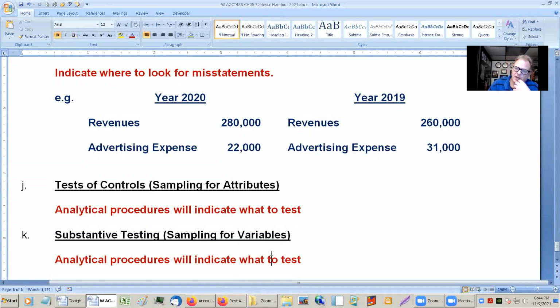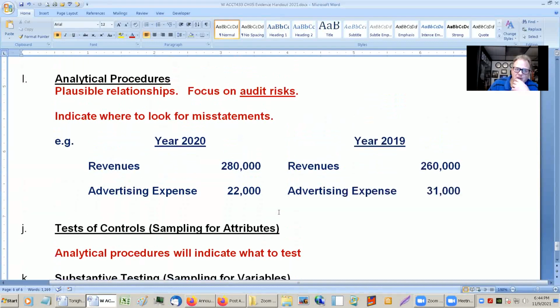Analytical procedures are the ones that tell you where to look for those things. And by the way, you are required to do this. Analytical procedures are required because something like 95, I've seen it from 90 to 100%, or 98% or whatever, of fraud is found this way.